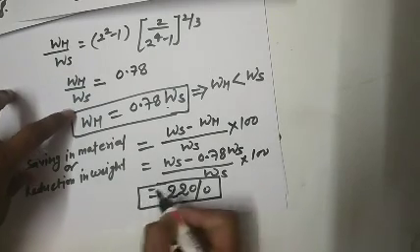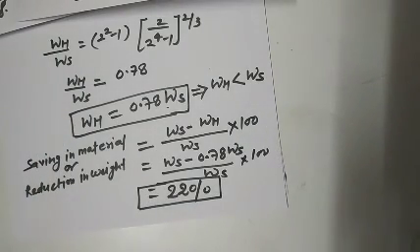So percentage reduction in weight or saving in material matters because if the shaft is made of alloy steel, per kg of alloy steel is quite costly, right? If there is saving in material by the use of a hollow section, it will be most economical to use hollow section over solid section.